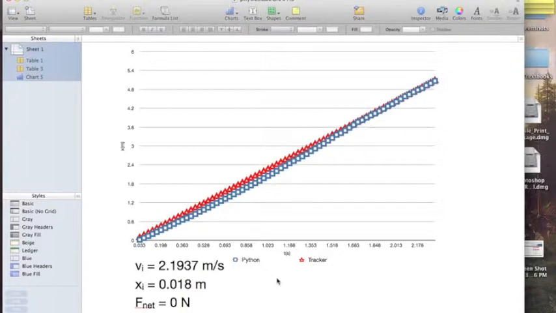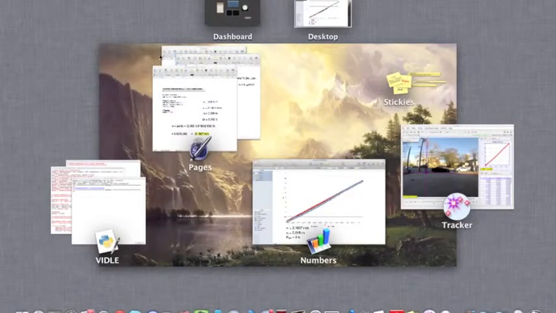But it really is a close representation of what was simulated by Python, which is probably the most accurate. That was definitely cool.